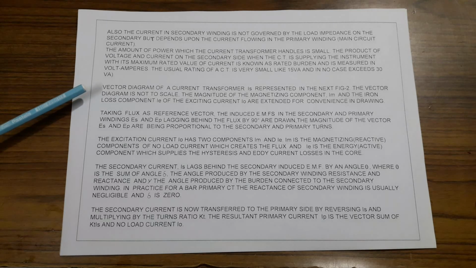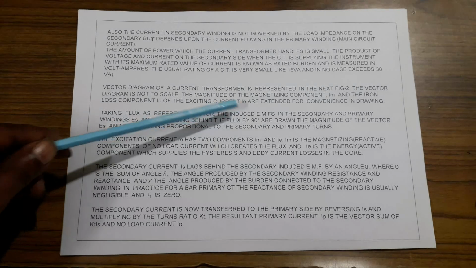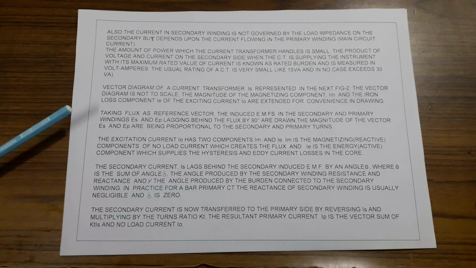The vector diagram of a current transformer is represented in the next figure 2. The vector diagram is not to scale. The magnitudes of the magnetizing component Im and the iron loss component IE of the exciting current I0 are extended for convenience in drawing.